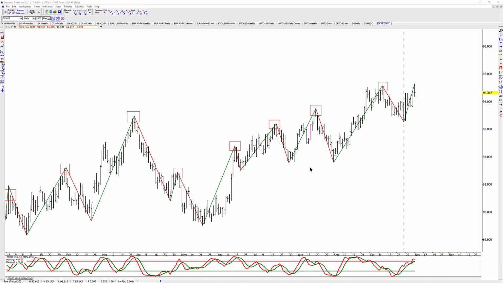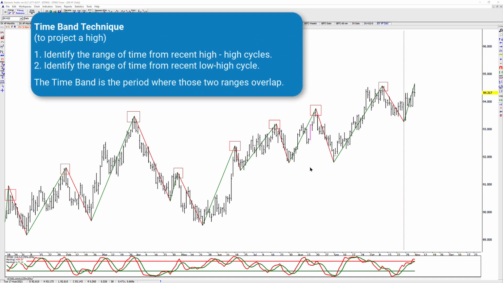That doesn't have to be so narrow that it's fixed, like every 22 days or something like that, but something fairly narrow where the obvious highs and lows have been made, so that we can discover the range of time between those highs. Because we're going to first discover the ranges between high to highs, and then we're going to discover the ranges from the low to highs, and we're going to look at where those two ranges overlap. That's where we'll have a high probability time band to complete the next cycle high or cycle low.